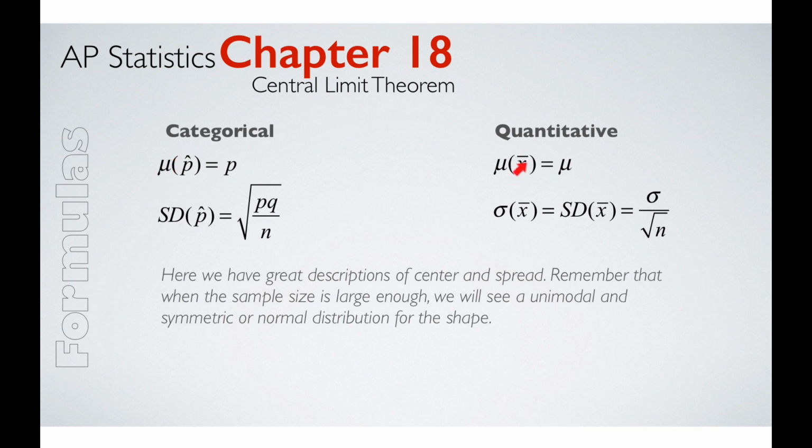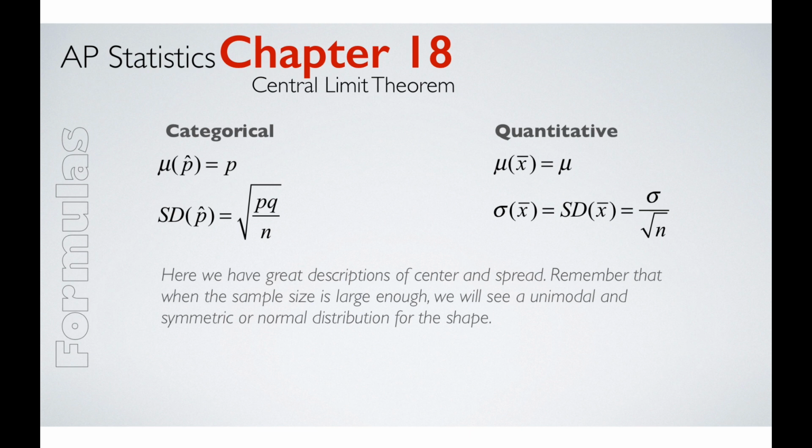X bar means average, and the population mean is equal to the sample mean. Here it's the same thing, but this is called a proportion, usually a percentage. So say you're talking about your favorite movie genre. If the percentage of people whose favorite genre is drama is some value in the population, then it would be the same percentage from the sample itself.